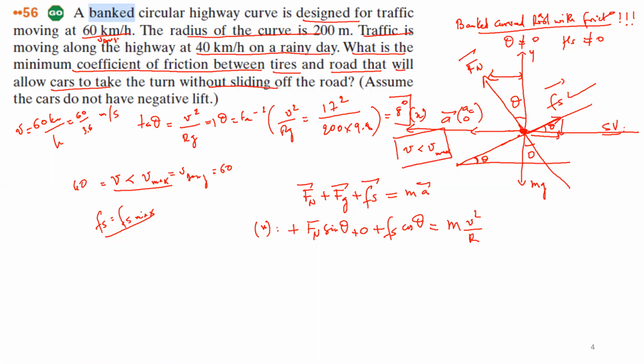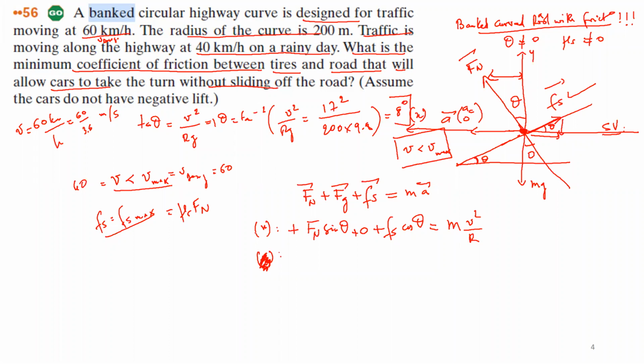And you know that the maximum static friction is mu s Fn. By the way, here, what is Fn? I apply Newton's second law along the y direction. Okay, let me do it this way. I will not apply Newton's second law along the y direction here.